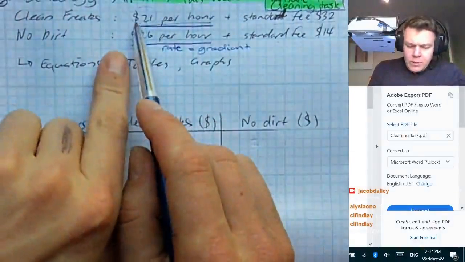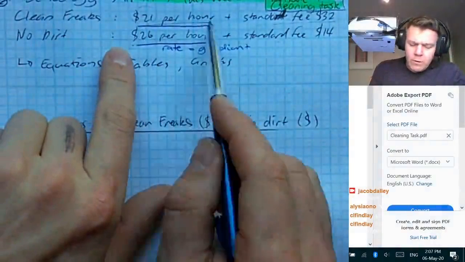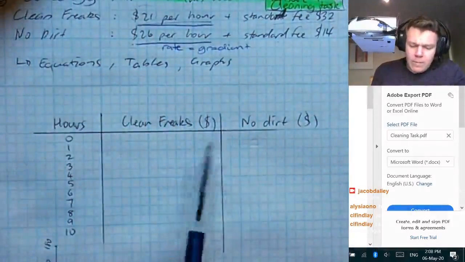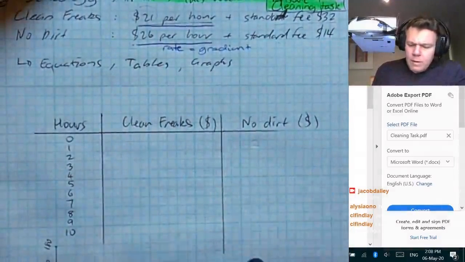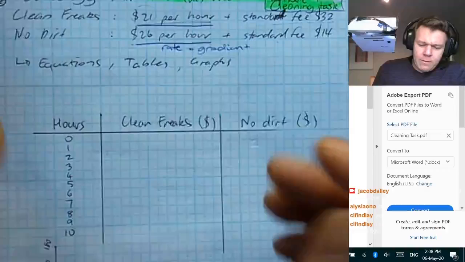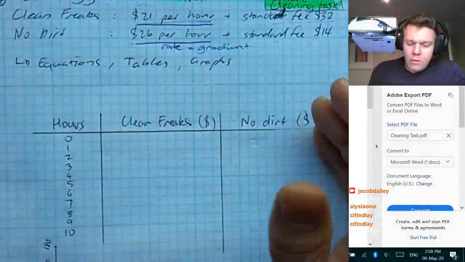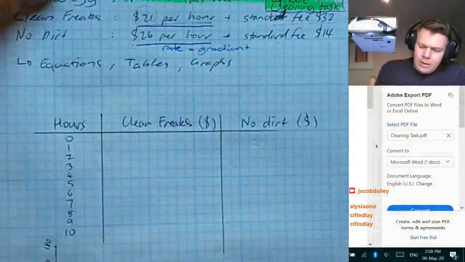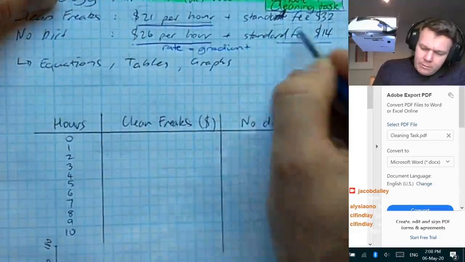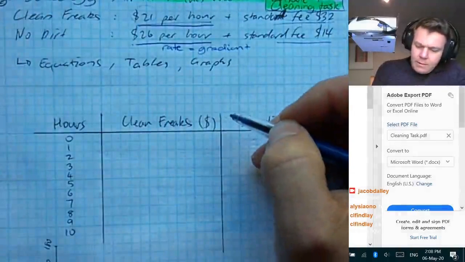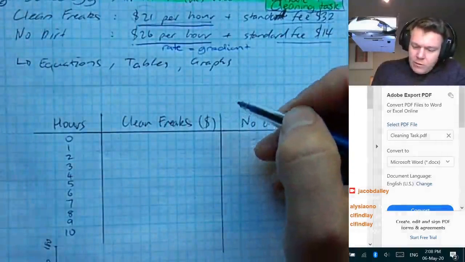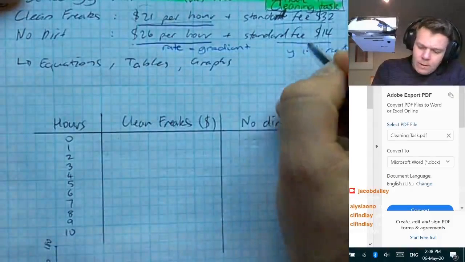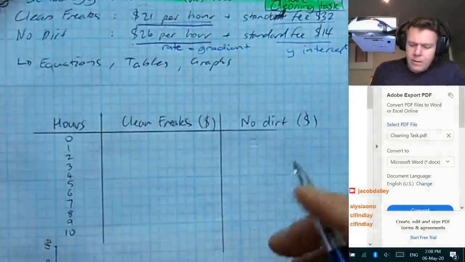Anything that's comparing two units, so dollars per hour or kilometers per hour or dollars per meter, that's a rate, and generally that is your gradient on your linear equations graphs. And generally this standard fee, the additional charge, is your y-intercept. Alright, so just keep that in the back of our minds.